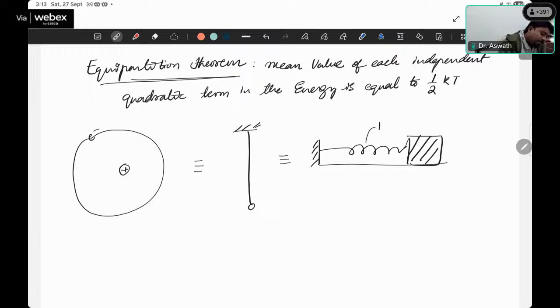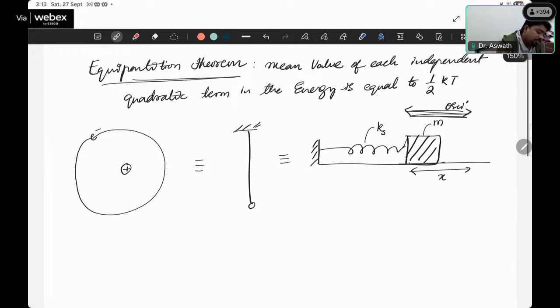The spring has some spring constant, let me say Ks, and there is a mass. It is frictionless and stable. I'm just taking a classical analogy. Now if you give a small displacement to this mass, what happens? Because of the spring, this mass makes oscillations back and forth.